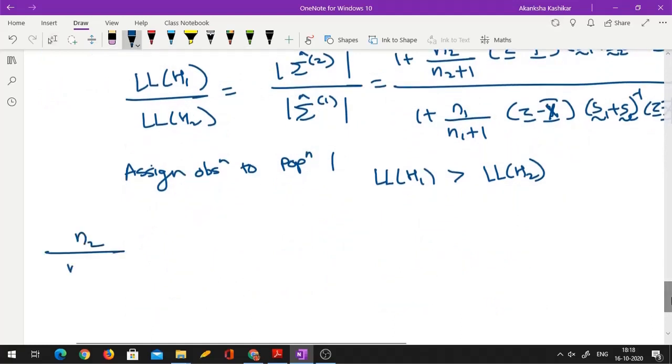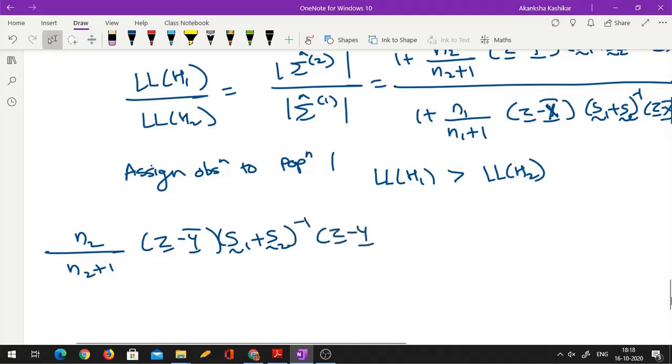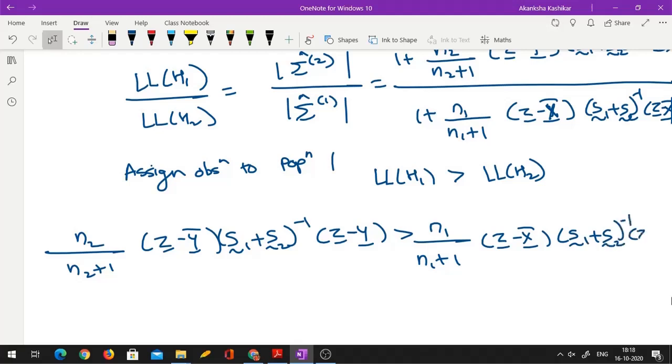N2 upon N2 plus 1 (Z minus Y bar) prime (S1 plus S2) inverse (Z minus Y bar) being greater than N1 upon N1 plus 1 (Z minus X bar) prime (S1 plus S2) inverse (Z minus X bar), okay, primes at both the places.